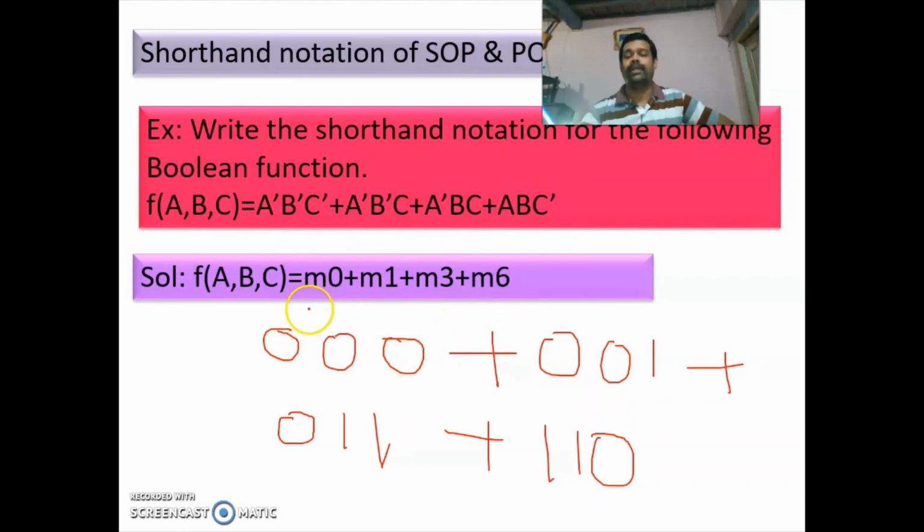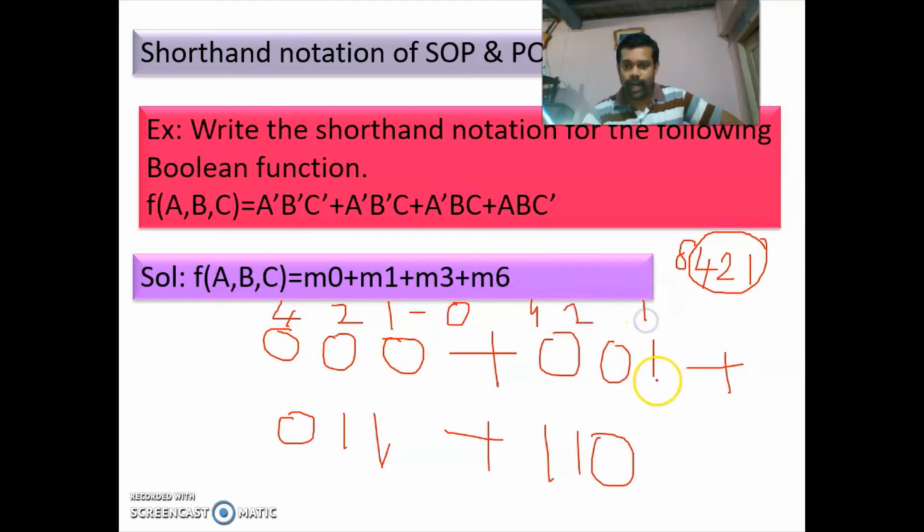Now we have to convert it to decimal. Actually you would use the 8421 code to get the binary, but since here you have only 3 variables, you can take only 4, 2, 1. Above this you write 4, 2, 1. So the value is 0. Here you have 1 below the 1, so it is decimal 1.